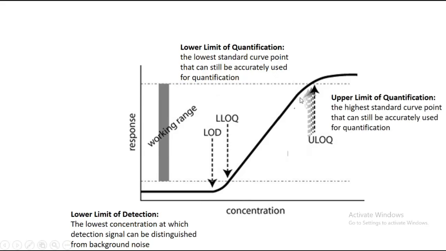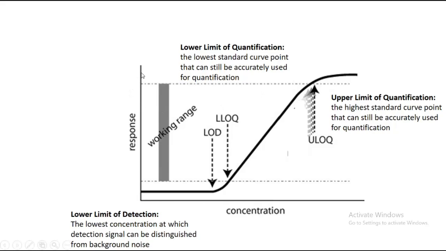The other terminology is the upper limit of quantification. Okay, so once you get to the end of the linear part of your standard curve, after that point you can't rely on getting an accurate reading. So the upper limit of quantification is the highest point in the standard curve that can still be accurately used for quantification.